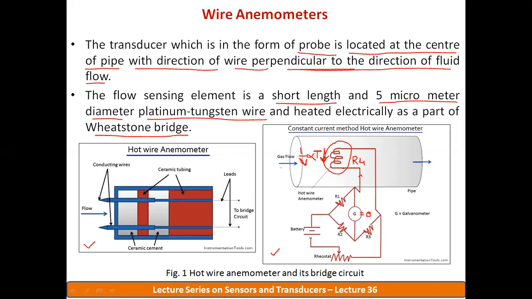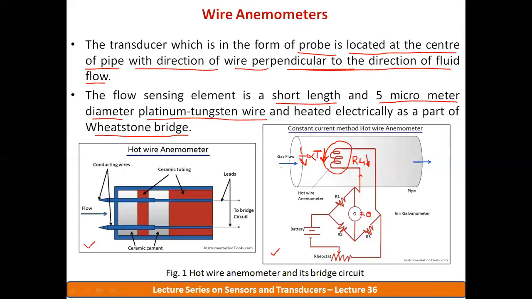When temperature reduces, its resistance will also reduce. So when the resistance R4 varies, the Wheatstone bridge gets unbalanced. When the Wheatstone bridge gets unbalanced, the galvanometer reading will not be zero, it will have some finite value.